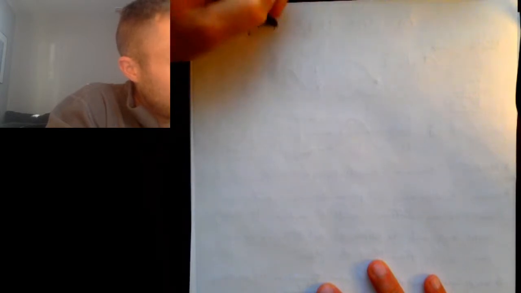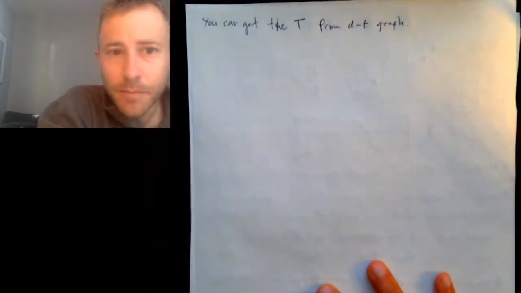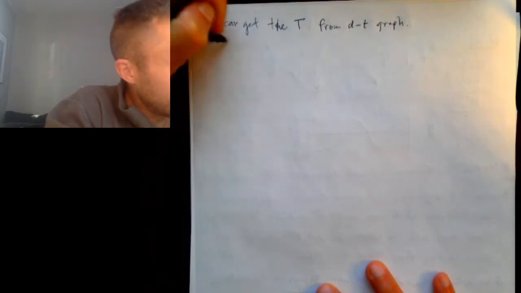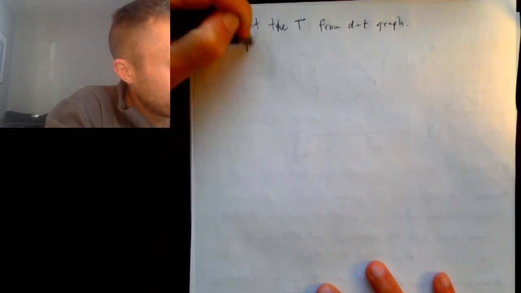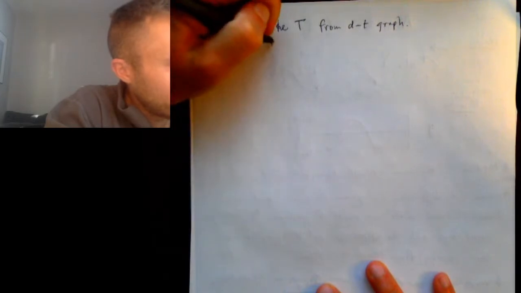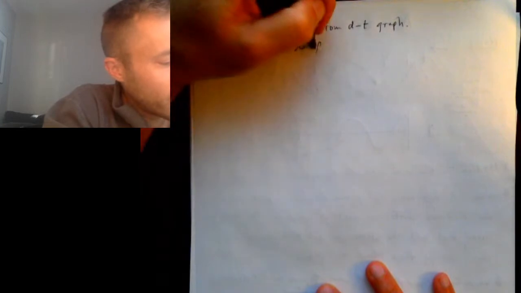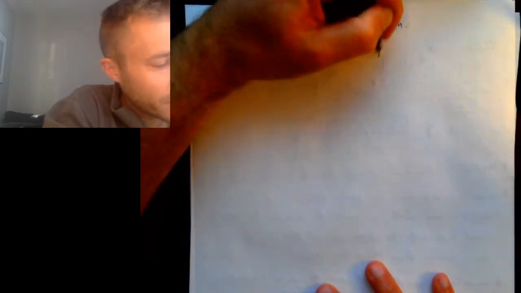You can get the period from a displacement time graph. And you can get the wavelength, which is the Greek letter lambda, from the displacement versus position graph.